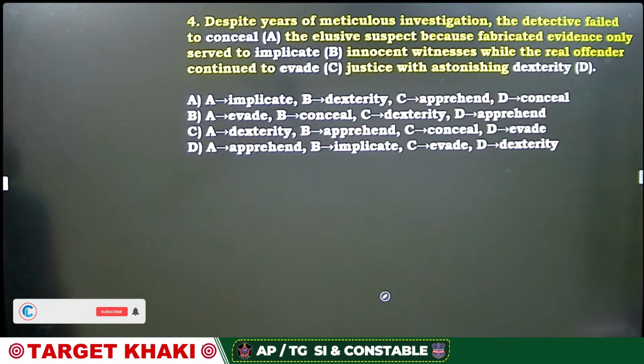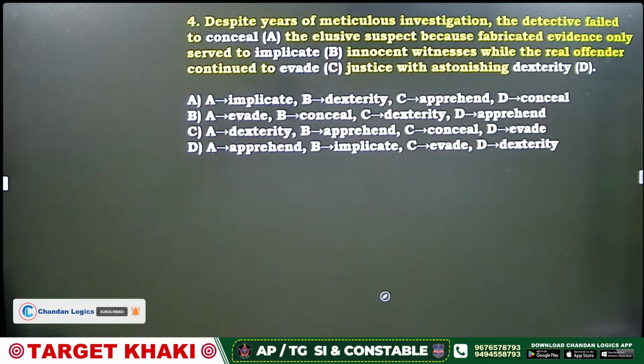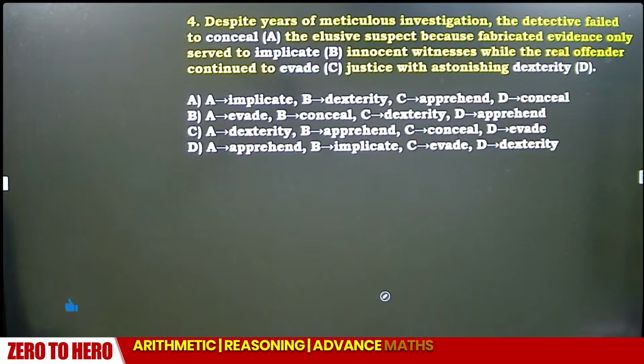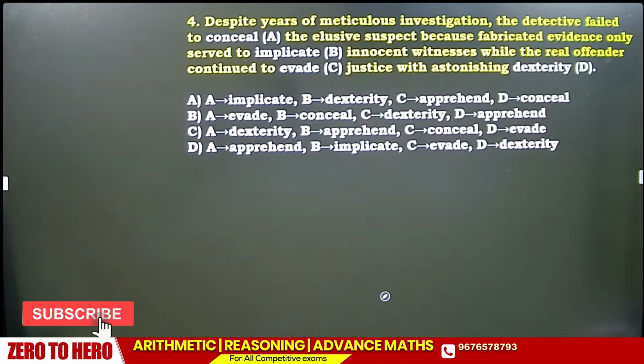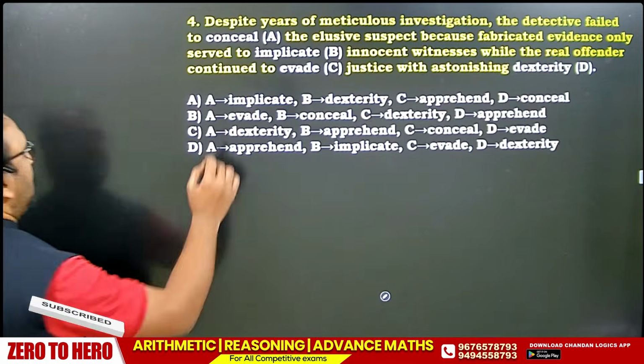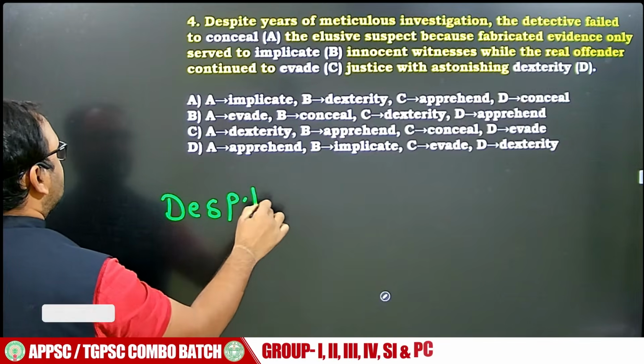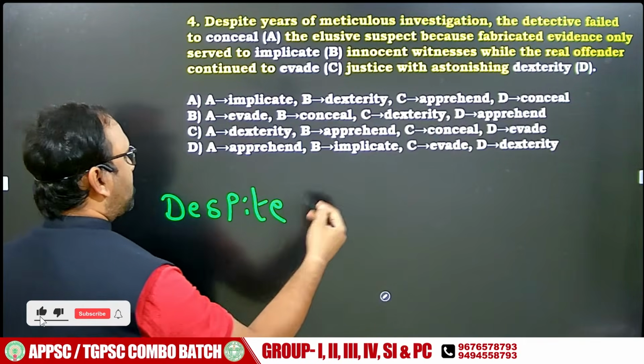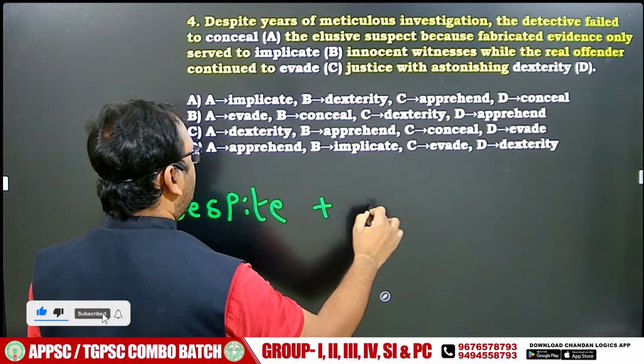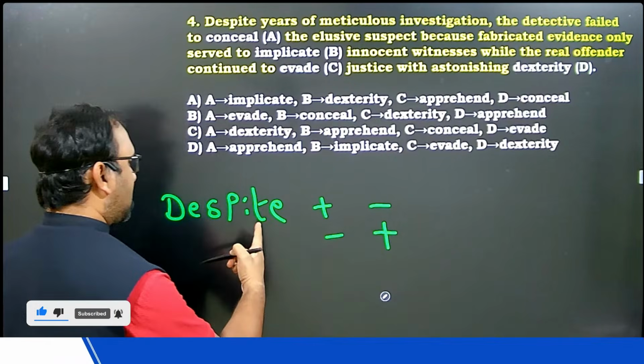Despite years of meticulous investigation, lot of years investigation took place, the detective failed to dash. Again, if you observe, my dear friends, despite. So generally when you have this conjunction despite, it must be opposite. If plus comes, minus comes, minus comes, plus comes. Correct?